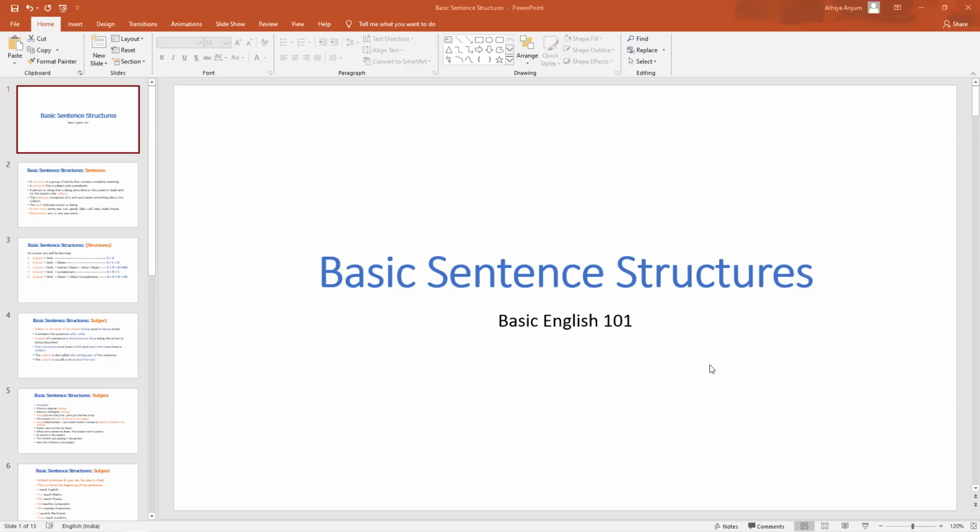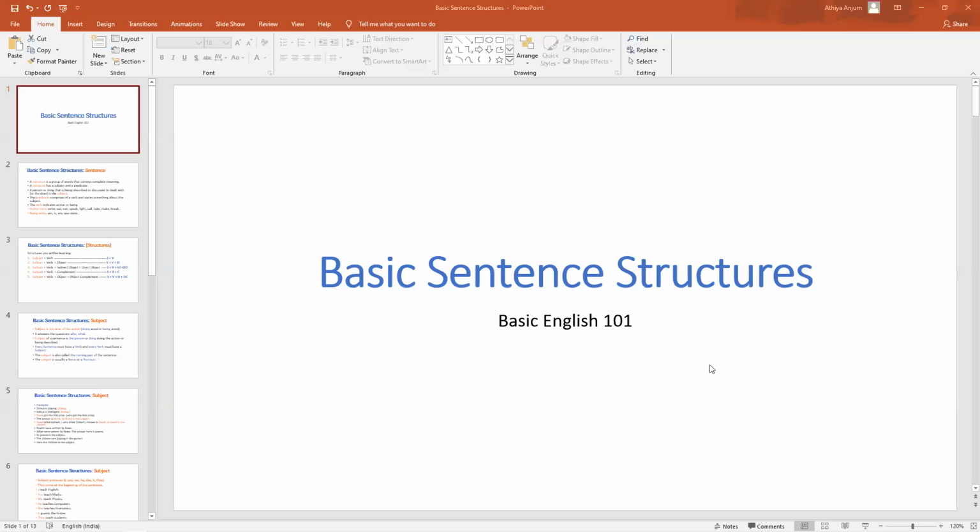In the same way, to do that action, you need some person, some animal, or something that is called the subject, the doer. So either a noun or a pronoun, right? So that is how your sentence begins.